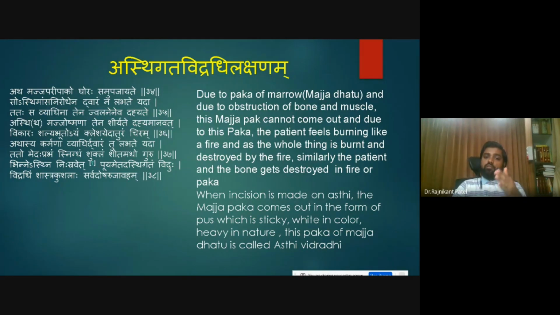Now, what happens when an incision is made on this outer layer of asthi? The majja paka comes out, because it wasn't finding a way to come out. It was causing burning, and if it is not taken out, the person may die, like a house getting destroyed in a fire. The same way, the person will get destroyed due to the fire of this vidradi.